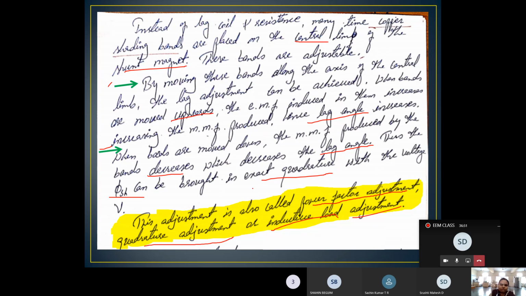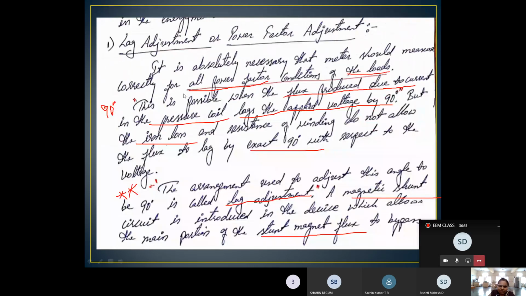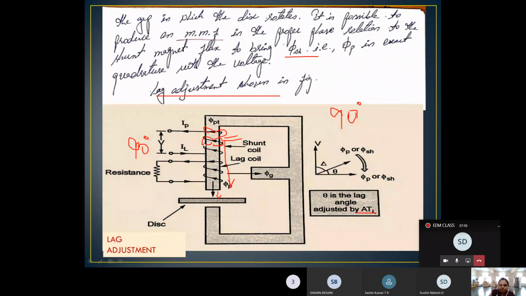Okay, this is about our lag adjustment. What we learned in the lag adjustment: first you have to write where and how much the angle is going to be introduced. Then the construction, that we call the lag adjustment. Then go for the figure and explain.